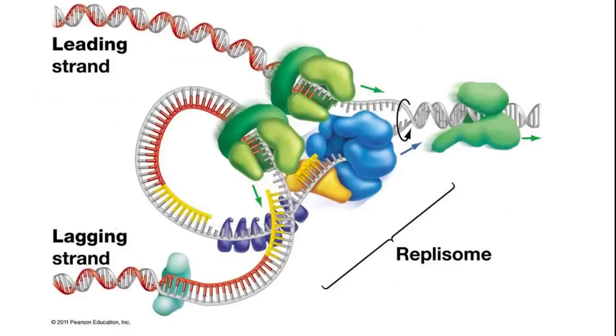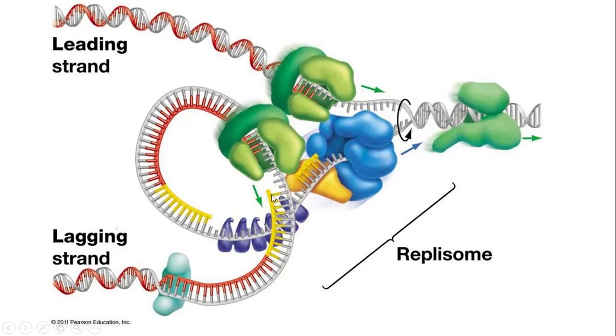So this is a cartoon for us to appreciate the whole process. Now you can see the replisome, a collection of all the proteins and other things involved in this process of replication. Remember, our leading strand will go into the fork, and our lagging strand synthesis will be coming from inside the fork outward. That is why you can have fragments, and these fragments are simply called Okazaki fragments.